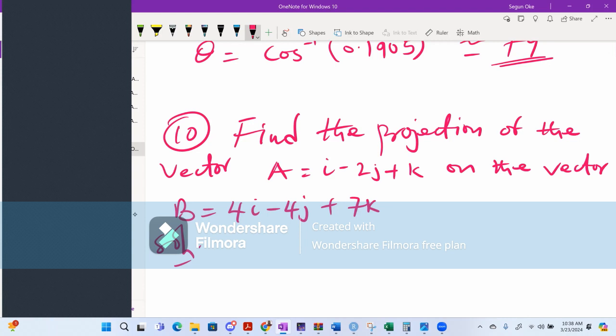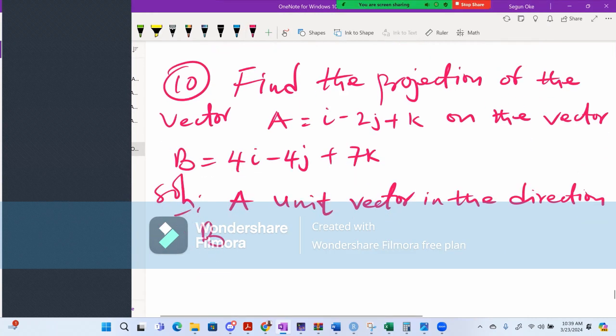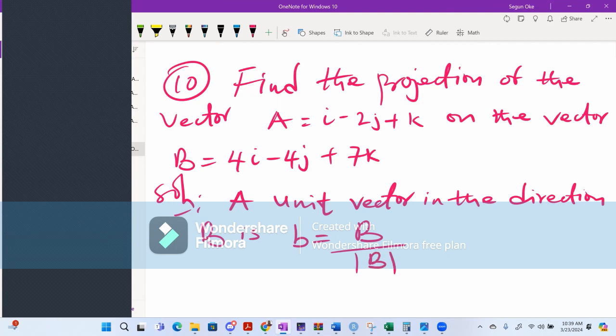First of all, you find the unit vector in the direction of B. Remember, they said on a particular B. The unit vector in the direction of B, small b, equals vector B over the magnitude of B. That is your unit vector.